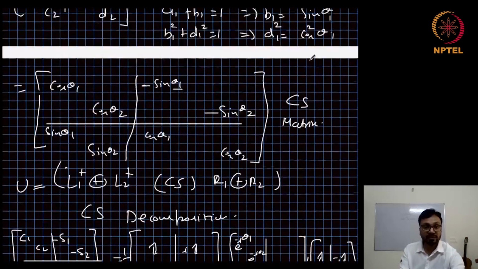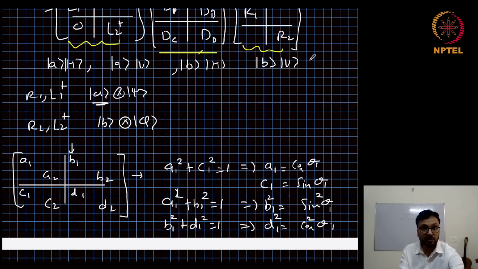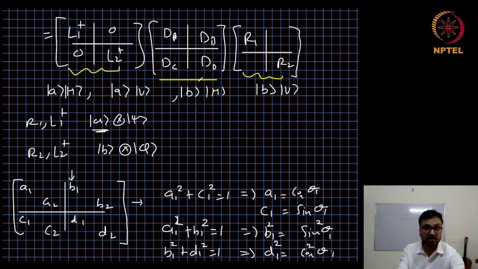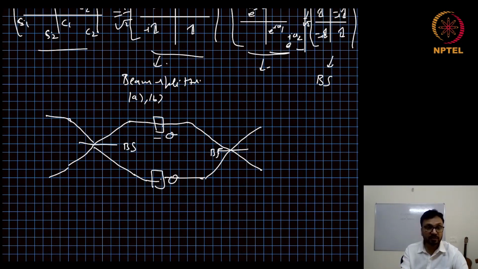So now what is left is the R1, R2, L1, L2 matrices. In this representation, R1 and R2 act on the state first, then the diagonal matrices, and then L1, L2. In the diagram, the state goes from here.